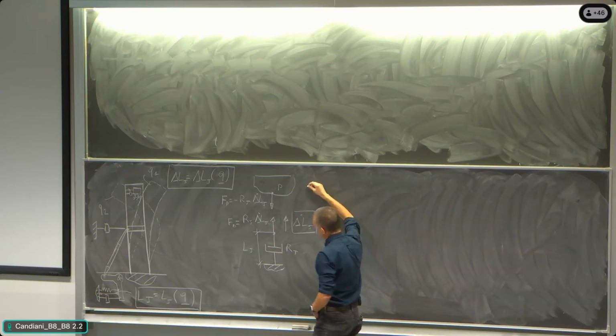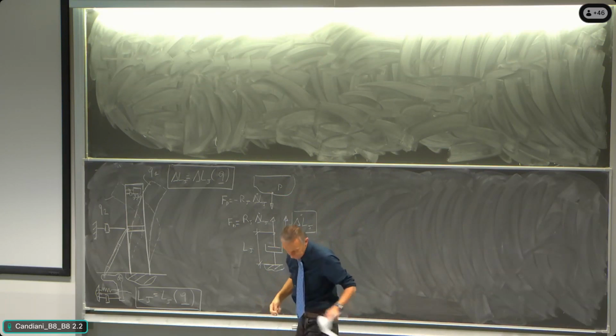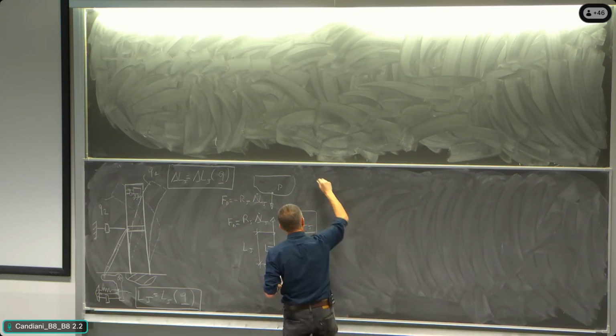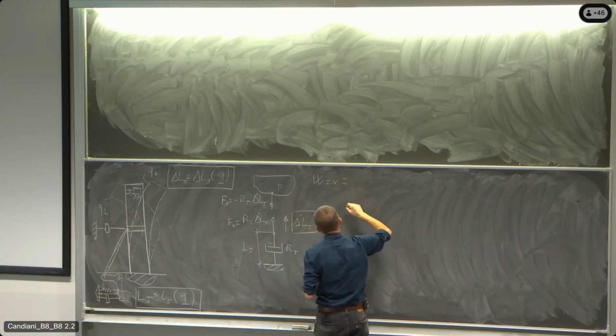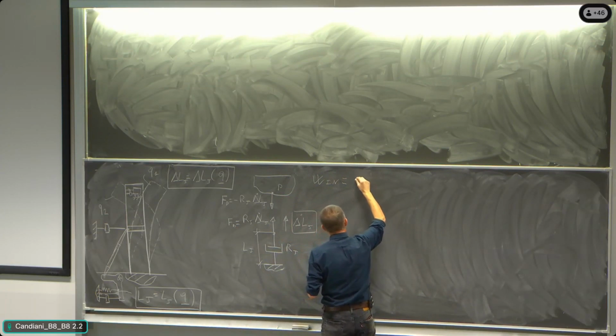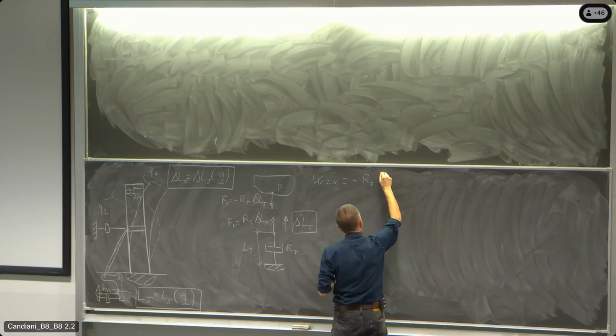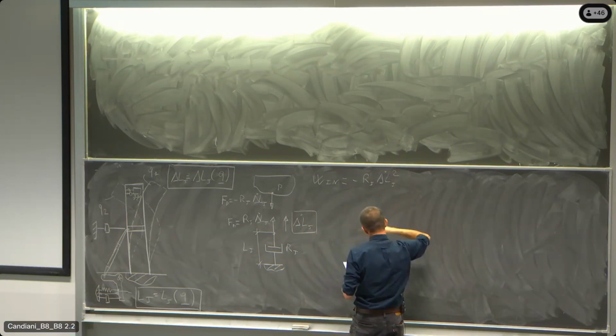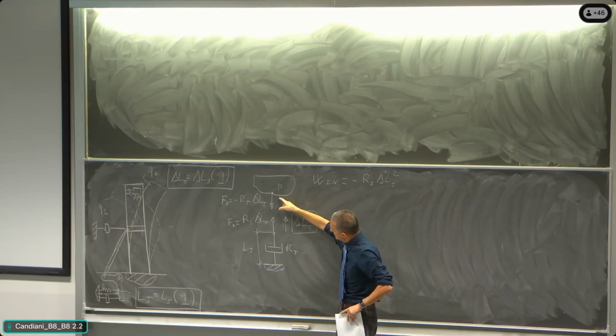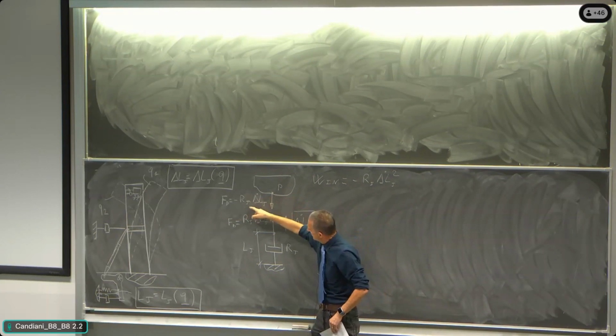And so if I am writing the power that is getting into the body, the force on the body is minus Rj delta Lj dot.